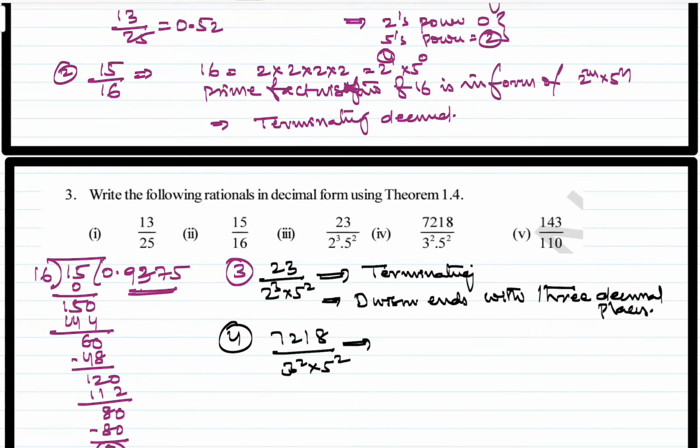There is no question of the number of digits in the decimal place, because the condition is that first it must be terminating, then only we can say this decimal ends after how many digits. So here we can't say this one gives the non-terminating repeating decimal.